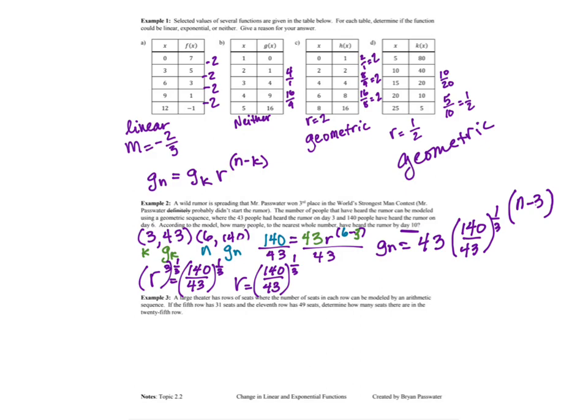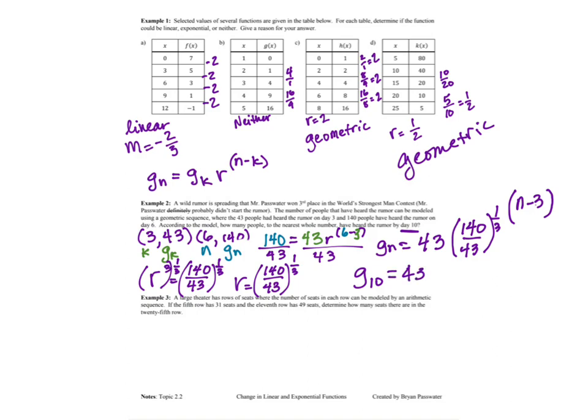So right now we've got g sub n equals, we know r is 140 over 43 to the 1/3. So we plug that in for r. We have 43 and 3 for g sub k and for k. Is that making sense? Is that better? Now we have a g sub n sentence. We want to know what is g sub what? 10.